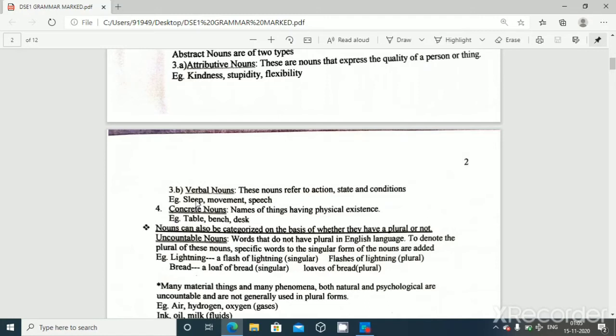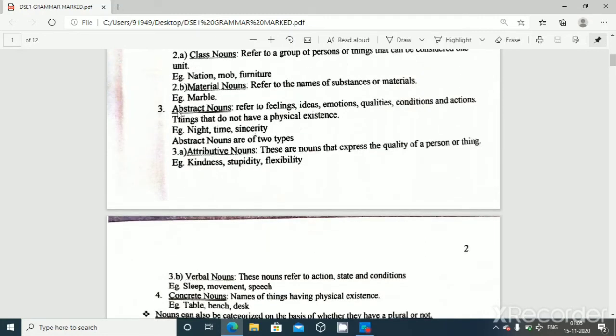But all these are again under the main umbrella term called abstract category. Abstract can be taken as the umbrella in the sense that it has got two main divisions, and when you talk about attributive, when you talk about verbal, abstract noun obviously becomes their umbrella term.